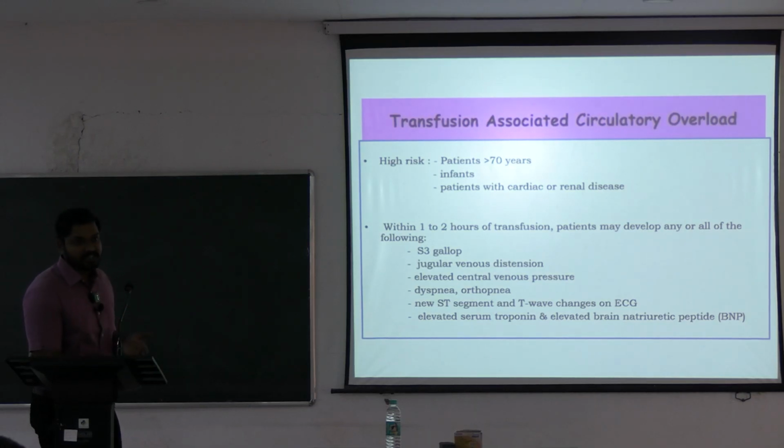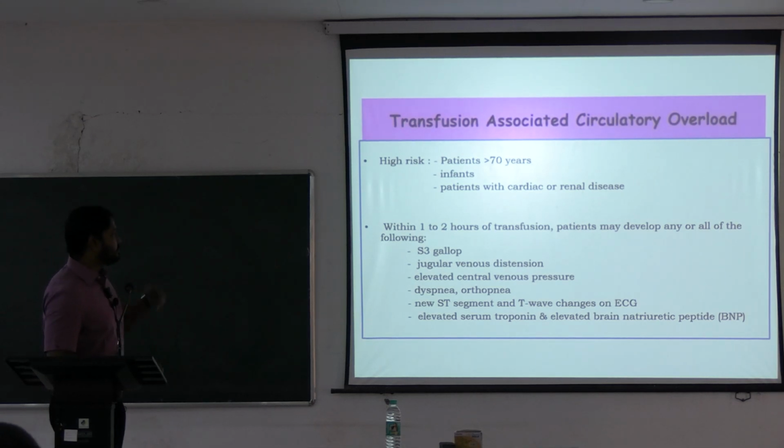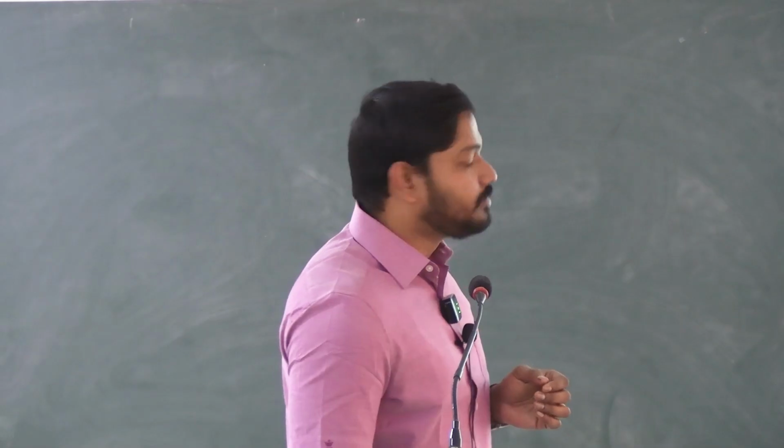After 6 hours of transfusion, you have TRALI. These both are very similar. TACO has more cardiac symptoms, TRALI has more chest symptoms. So in this you have S3 gallop, jugular venous distension, CVP is elevated, dyspnea, orthopnea. What is orthopnea?